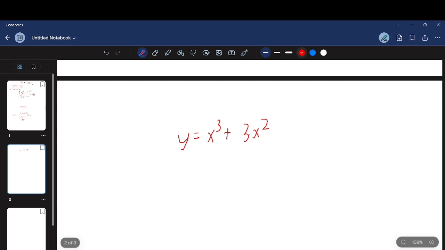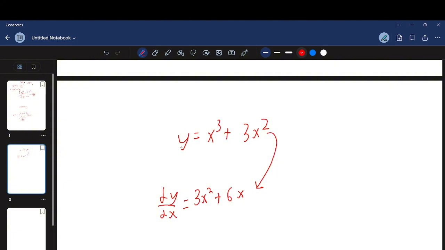If you want to find the derivative of this curve, you will end up with the formula dy by dx equals 3x squared plus 3 times 2, 6x. So I used the formula to differentiate this equation. You can find that formula in my previous video.